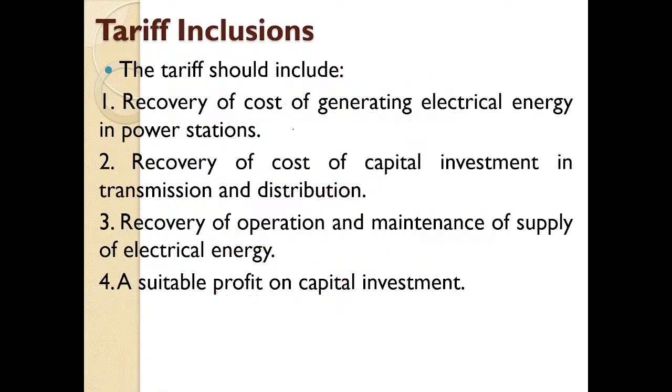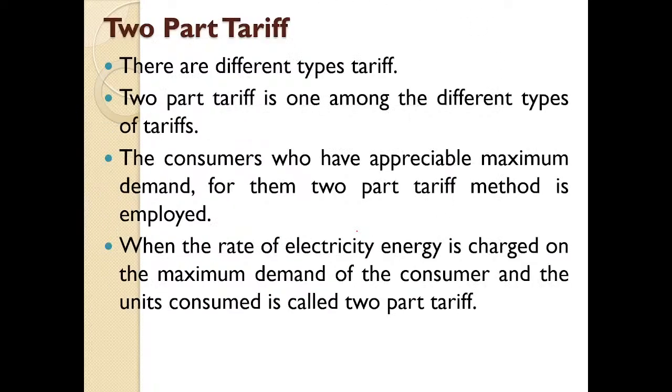After performing all these tasks, there must be some profit to the electricity board people who are generating, transmitting, and distributing. So including the profit, all these factors are considered in tariff.